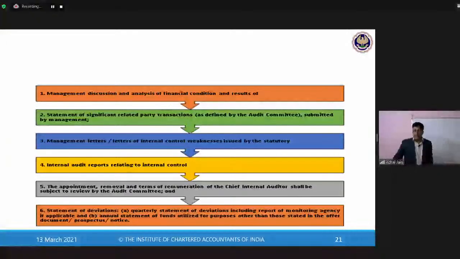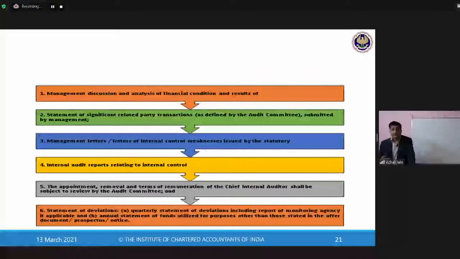Still, it's something which is an addition given by the statutory auditor, so that these can be improved upon by the management or by the audit committee or those charged with governance. So if any such things have been issued by the statutory auditor, those are required to be reviewed by the audit committee.